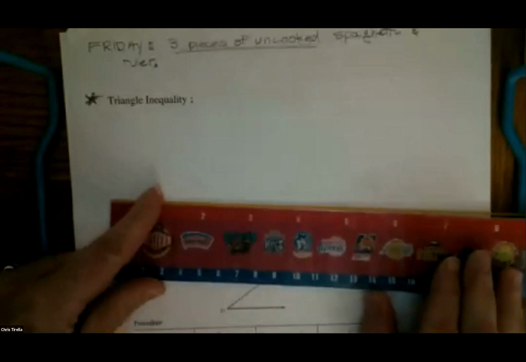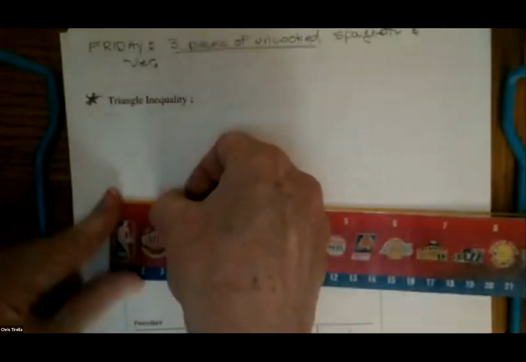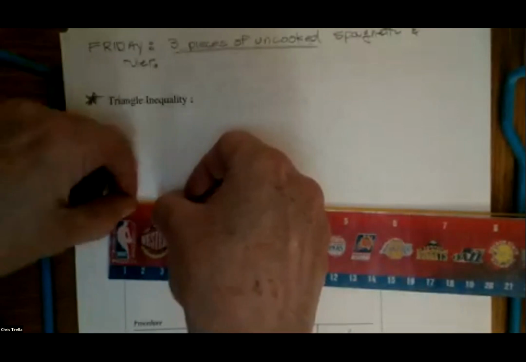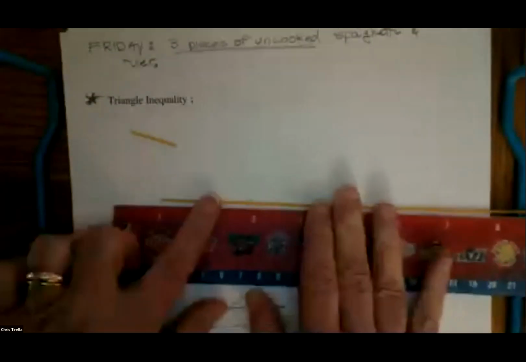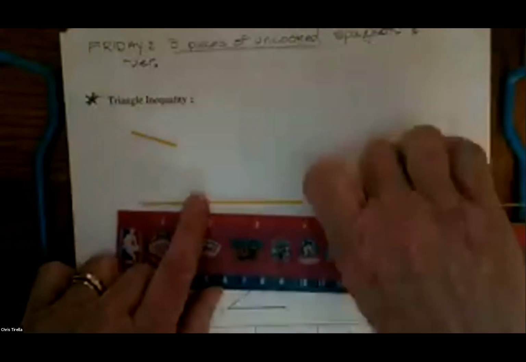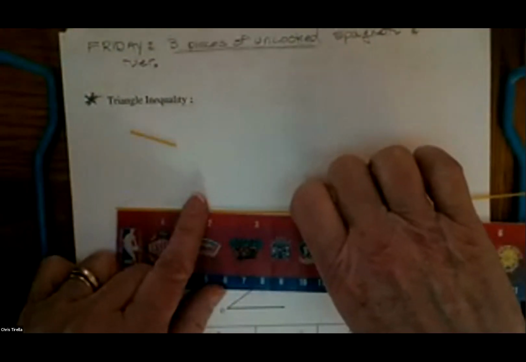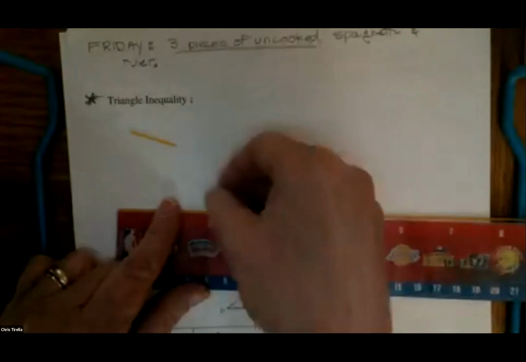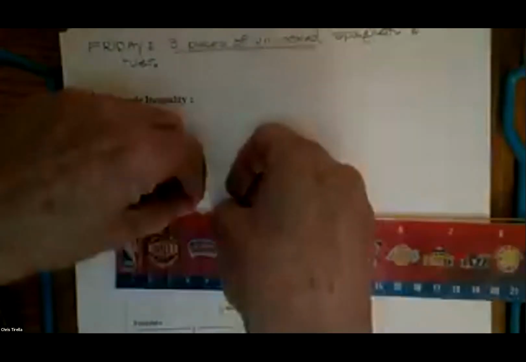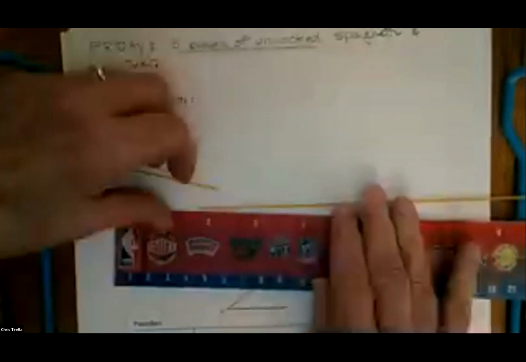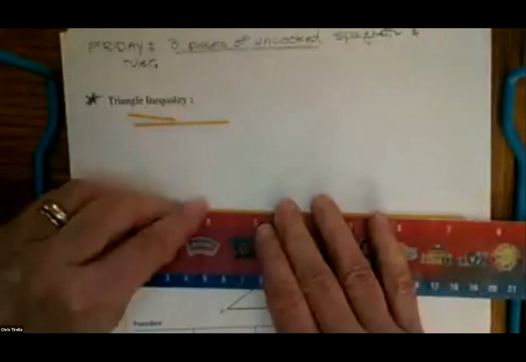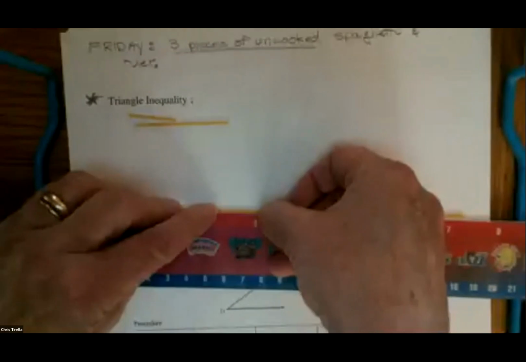First piece, I'm going to break off a piece that's 1 inch long. Then my second, I want to break off a piece that's 2 inches long. Then my third, can you guess, 3 inches long?